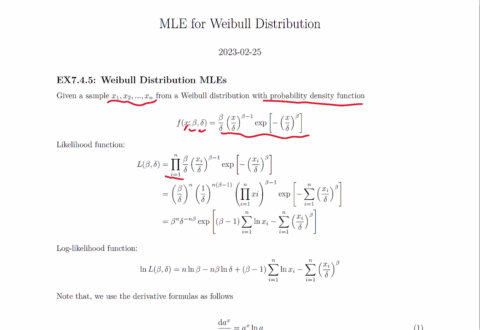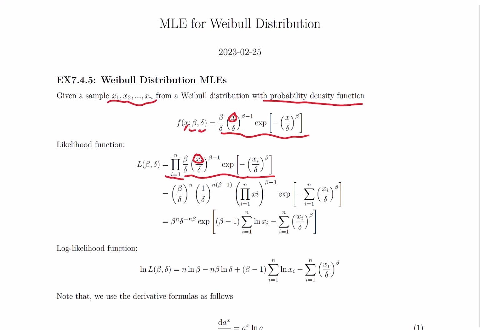This sign means multiply, and the sum means summation, okay? So here, this is basically just each of the individual PDFs for xi. You see right here, we replace the x with xi. Everything else would be the same.